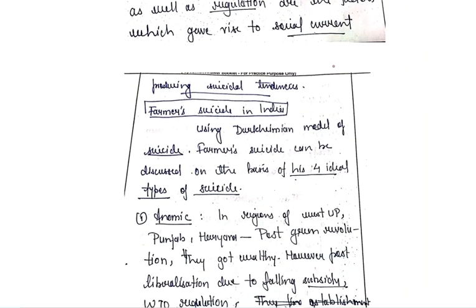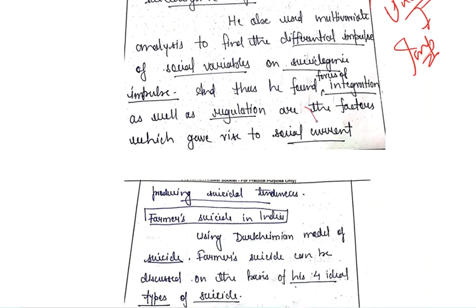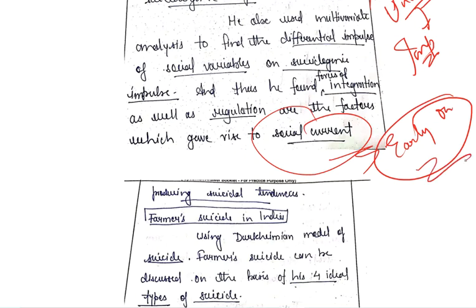Second thing, yes, this is a very important term, social current. You can mention it a little early on in this answer because it is also very much applicable to farmer suicide.